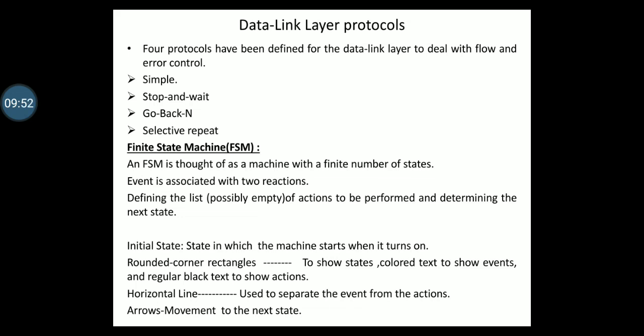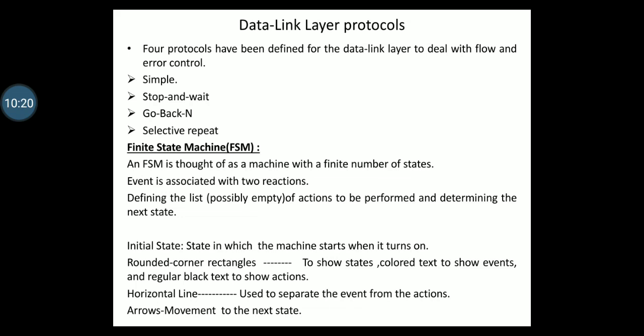Each event is associated with two reactions: defining the list of actions to be performed, which is possibly empty, and determining the next state, which can be the same as the current state. One of the states must be defined as the initial state, the state in which the machine starts when it turns on.